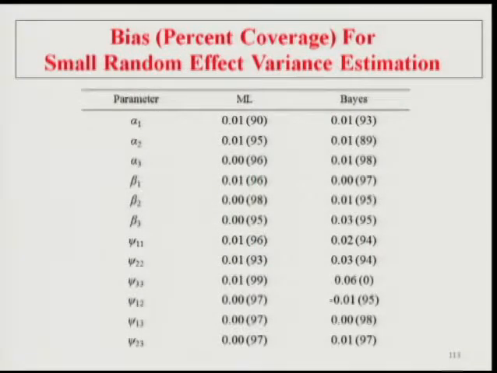So in the Monte Carlo study here, we have, hopefully correctly stated, the bias and the percentage coverage for a small random effect variance estimation. And we can focus on the coverage here. This is what we're going to focus on, the variances of the random effects.